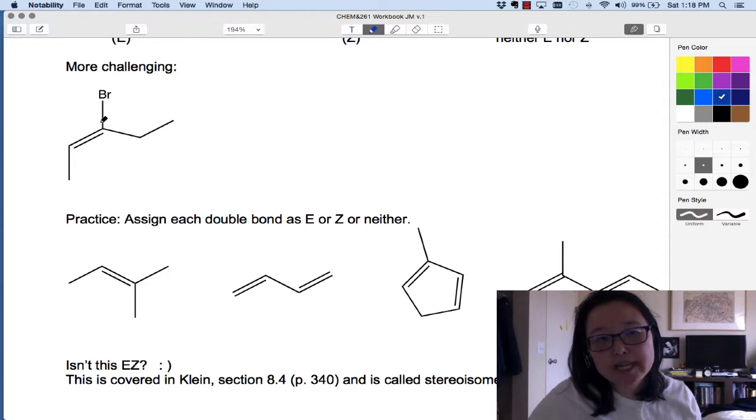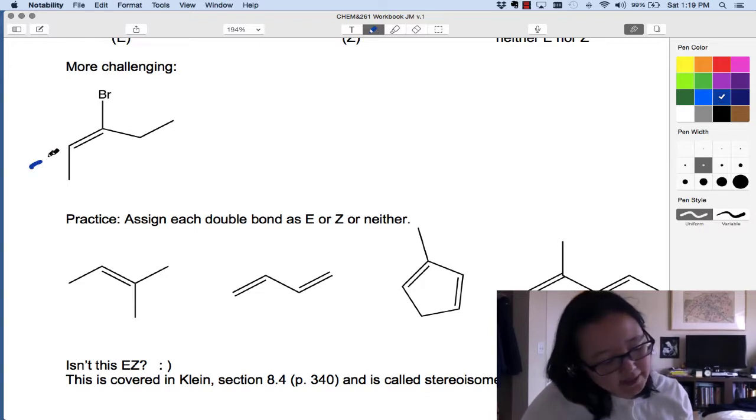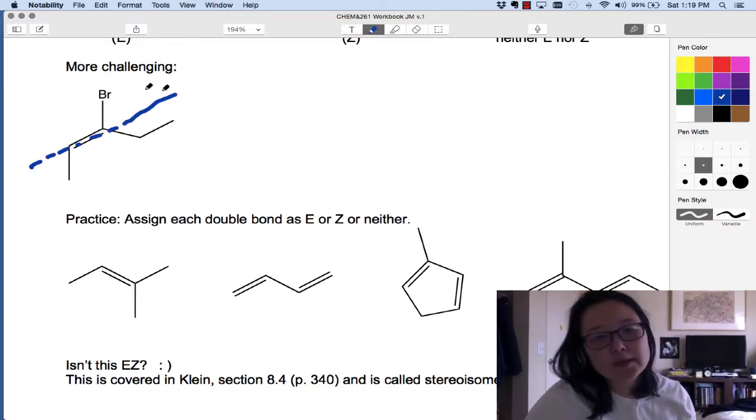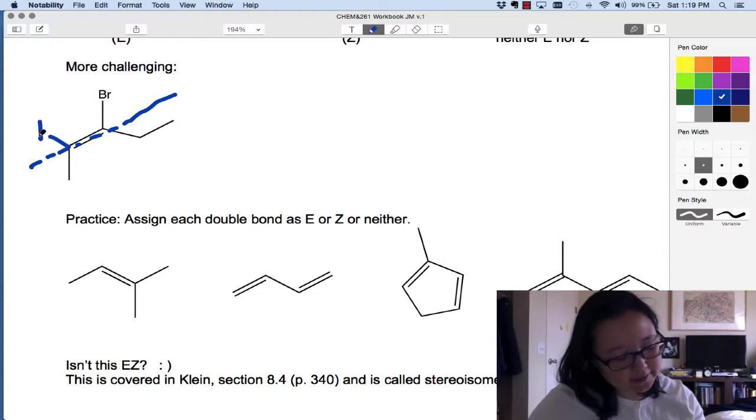This one's more challenging because I don't know which two groups to compare. Do I compare the methyl and the bromine, which are trans, or the methyl and the ethyl, which are cis? So I need to figure out who to compare. I use the Cahn-Ingold-Prelog rules, which say to take a carbon of the double bond and figure out who wins. We look at everything attached, and who wins is based on the first atom attached.